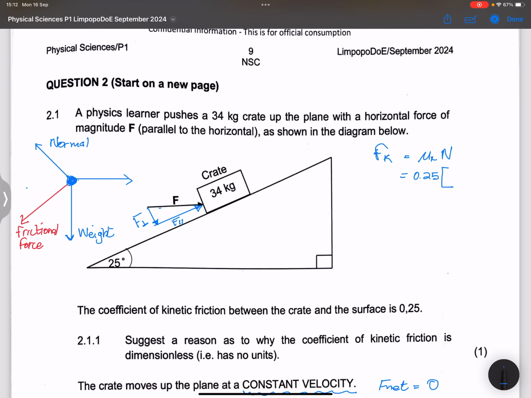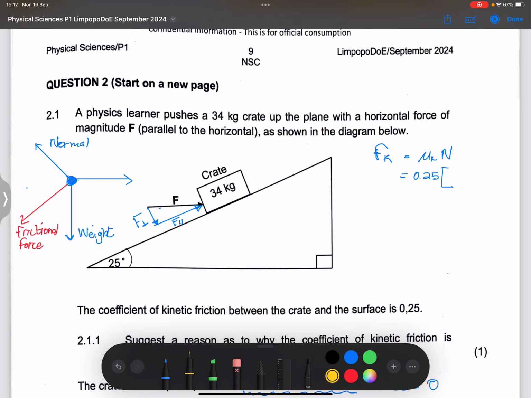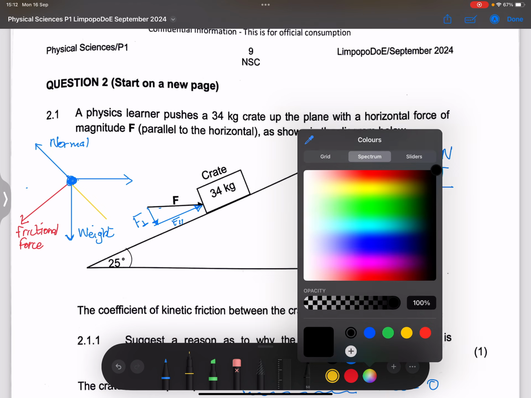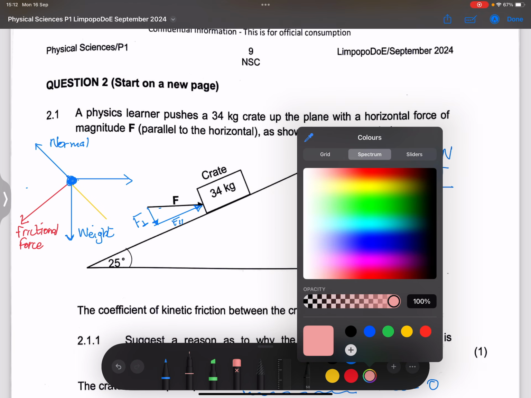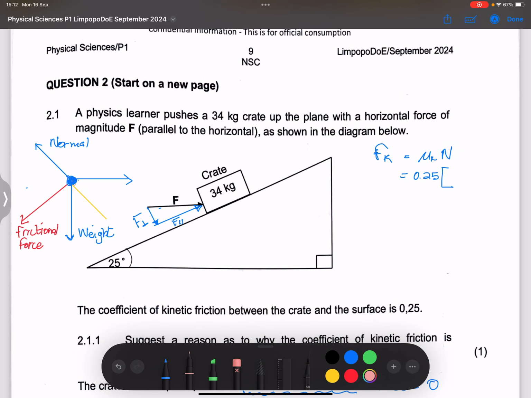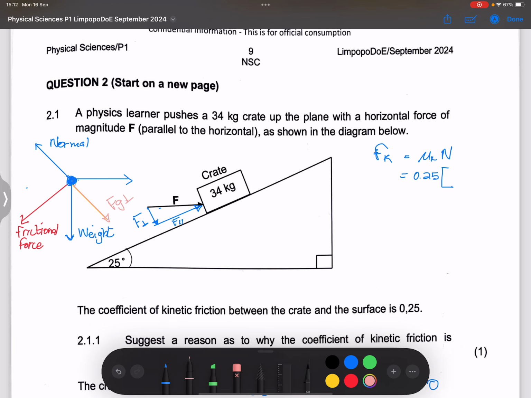So I'm going to just tweak our diagram a little bit. Please, you draw it like this, but I'm just trying to show you in this case in terms of components. Now you remember for gravity, we've got the perpendicular component. Let me just choose another color that looks a bit clearer. So we've got the perpendicular component, and this is FG perpendicular, right?